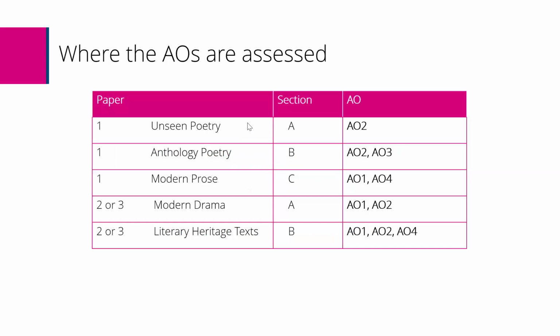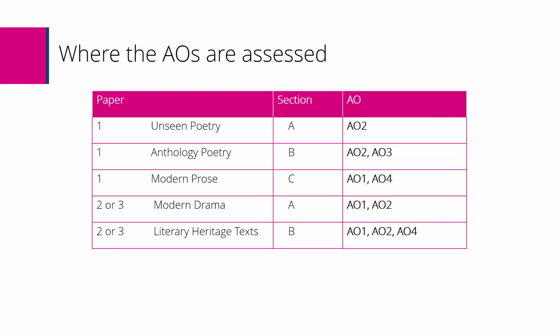So where are these assessed? AO2 is in the unseen poetry. Remembering this is a modern poem, students haven't seen it before, so the only thing that they can employ here are their analytical skills, AO2, the analysis of language, form and structure, to that unseen poem, and there are 20 marks available for that question, section A on paper 1.